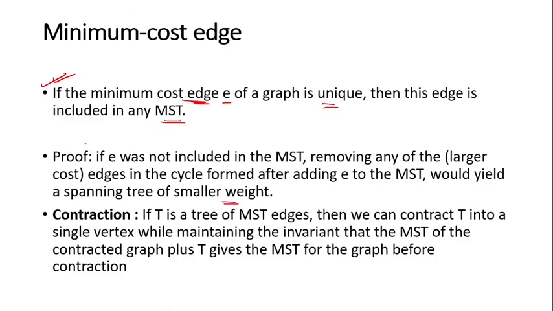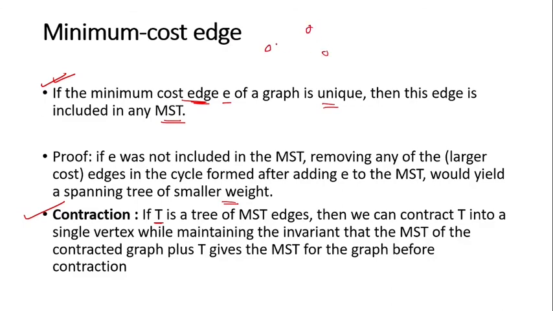Anyway, another property is the contraction property, which is not that much discussed. That is, if T is a tree of MST edges, then we can contract T into a single vertex while maintaining the invariant that the MST of the contracted graph plus T gives the MST of the graph before the contraction. Now it is something like this.